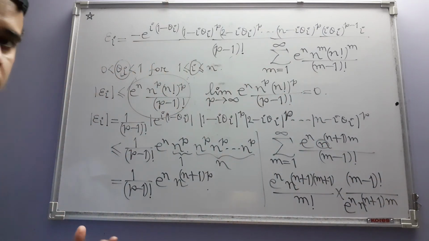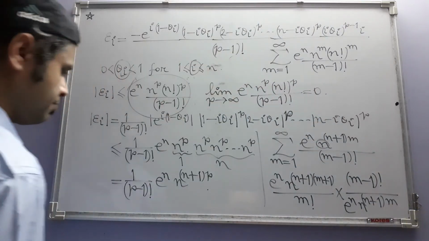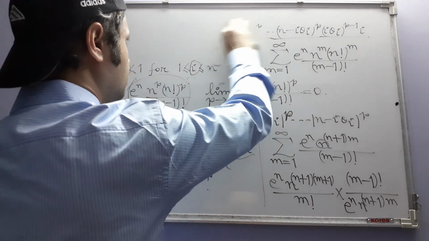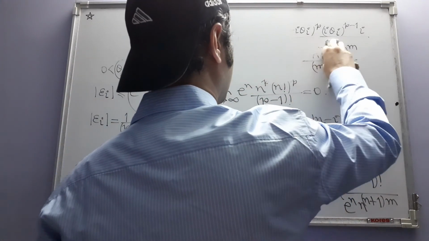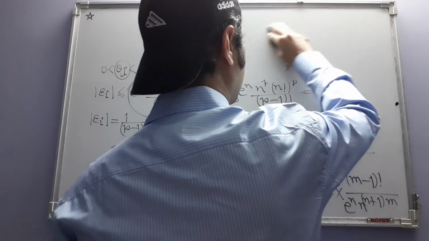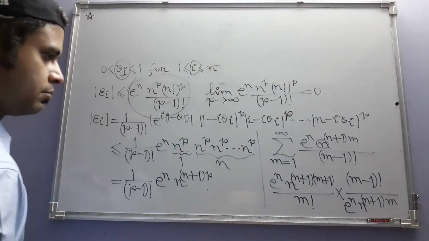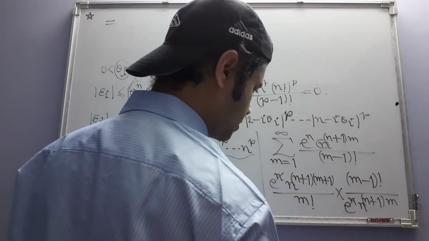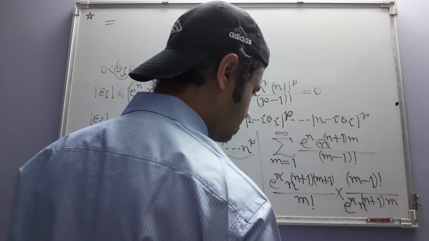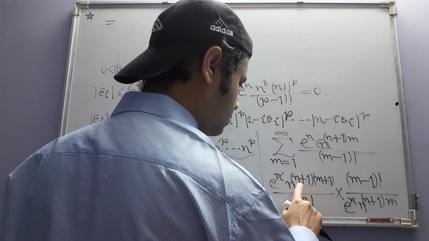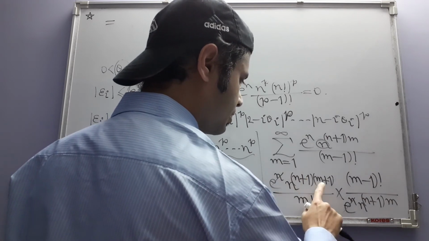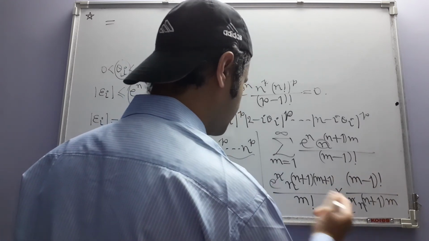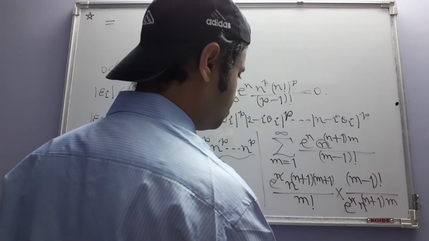Now what happens to this expression? There are some cancellations, and what do we have here? n to the power (n plus 1) times (m plus 1) minus (n plus 1) times m. That means n to the power n plus 1.